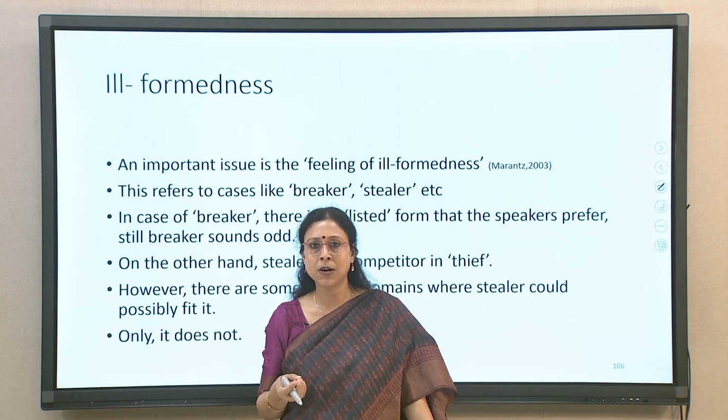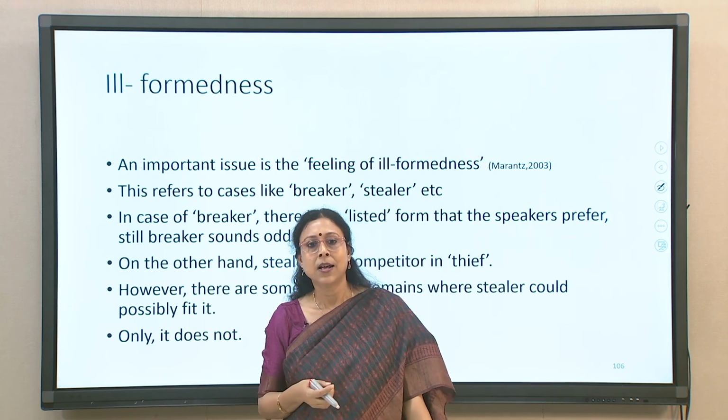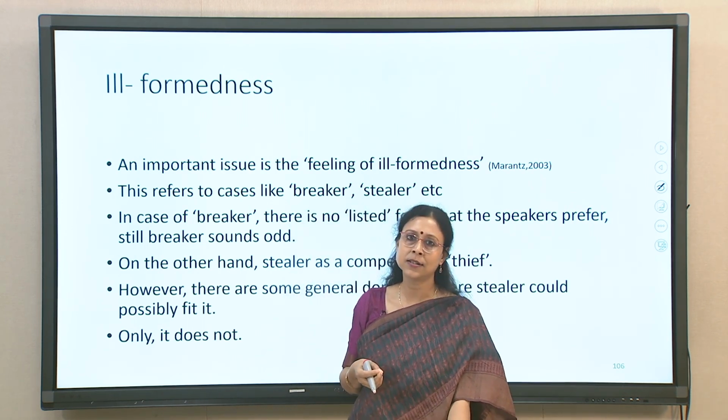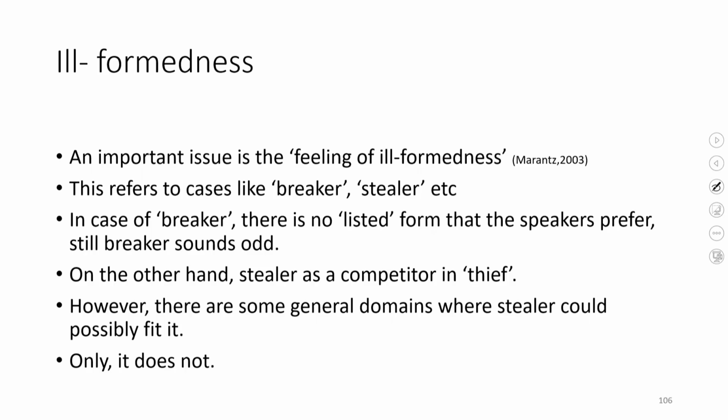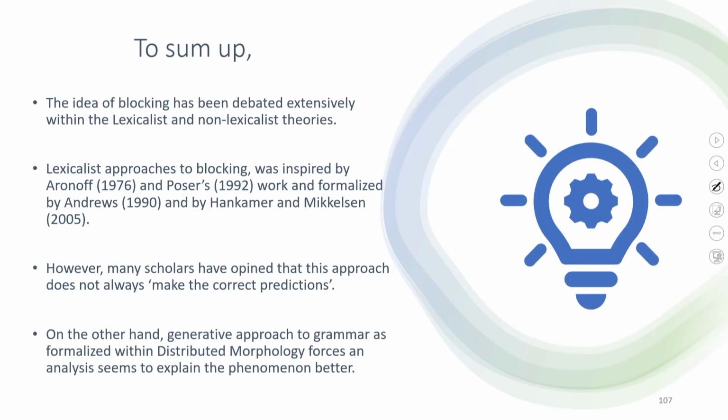We could however use that, right? There are some general domains where it could fit, but it simply is not used. So, what do we have at hand? To sum up, this idea of blocking has been debated extensively within lexicalist and non-lexicalist theories. The lexicalist theory is the one we talked about in the beginning, where you are talking about two different words, whether they are lexically connected or semantically connected, like synonyms.